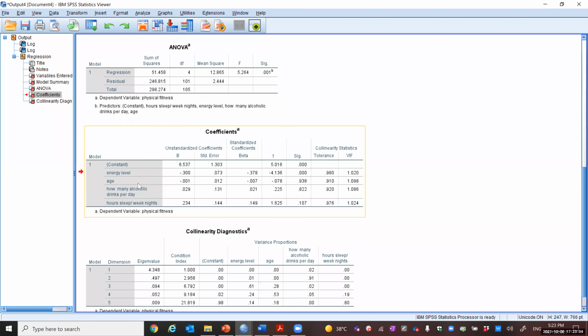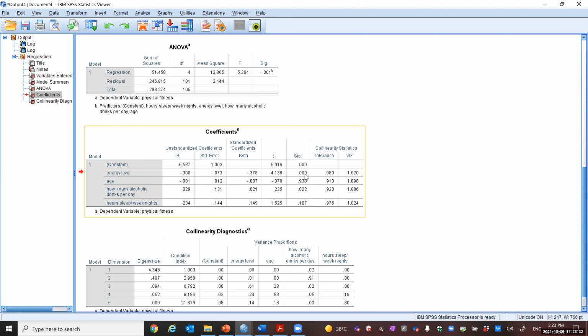Now we would come back to the individual beta coefficient of each predictor and try to interpret it. Now, if you look at the energy level, and I told you that we would interpret unstandardized values, the beta coefficient here is minus 0.3, and this is significant because the significance value is 0.000.